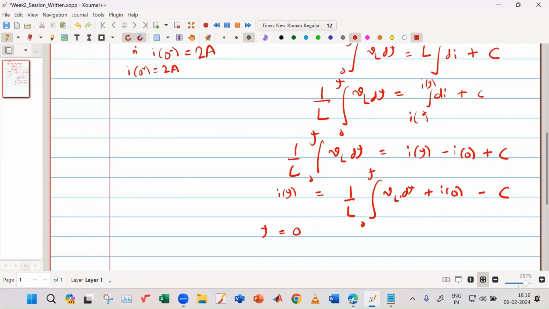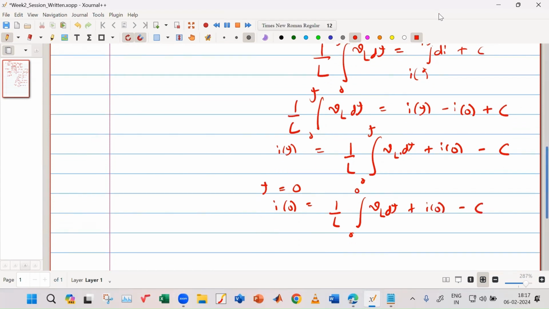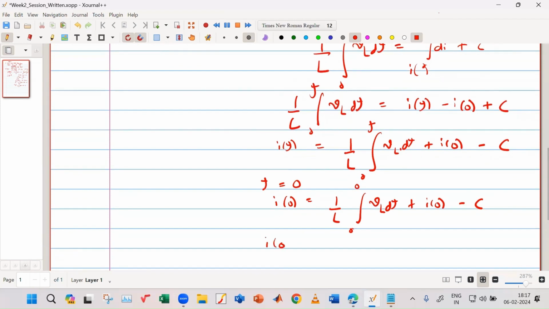So what you will get, I of 0 is equal to 1 by L integration from 0 to 0 VL into dt plus I of 0 minus C. Since this is from 0 to 0, this value will be 0. So it becomes I of 0 is equal to 0 plus I of 0 minus C. And what does this equation tell you? That C is equal to 0.